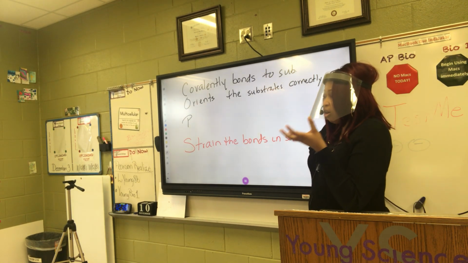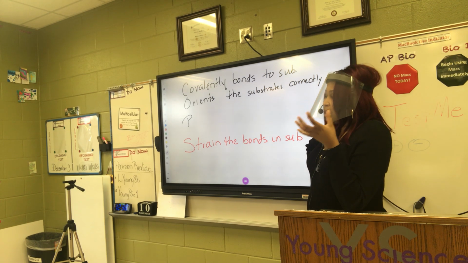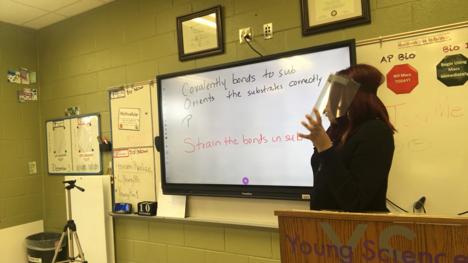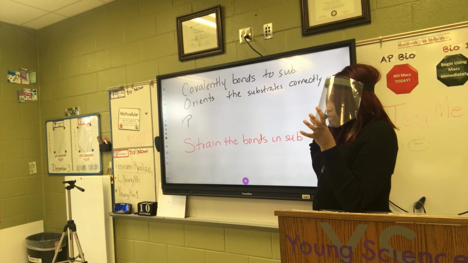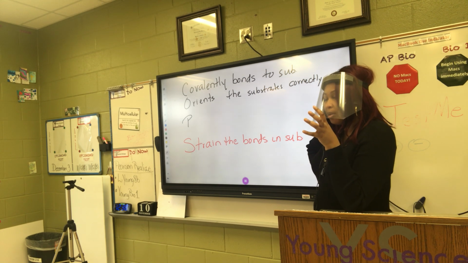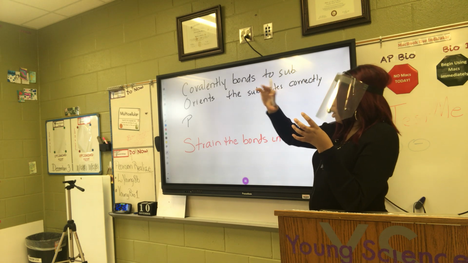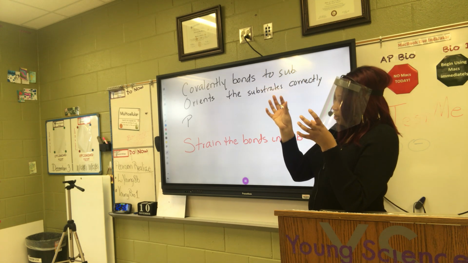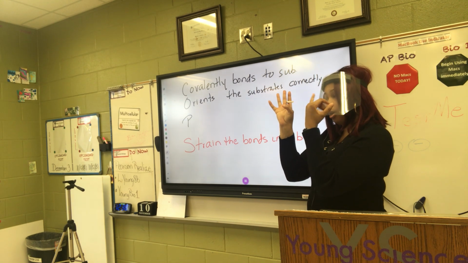The 1,4 tells me which carbons the bond has to be between. So that means one of the glucose molecules is going to use its number 1 carbon, and the other glucose molecule is going to use its number 4 carbon. So in order for that bond to form, one molecule must be turned so that the number 4 carbon is facing the number 1 carbon.